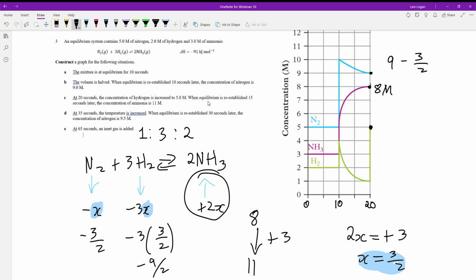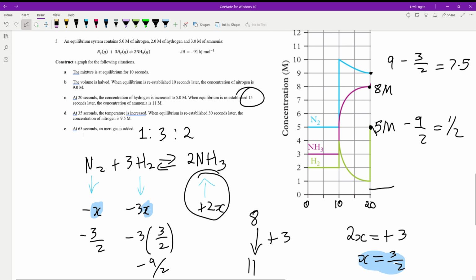That's 1.5 below 9, so that should be 7.5, the molarity of nitrogen. And then the hydrogen is at 5, and we're going to go minus 9 over 2. So 5 minus 9 over 2, that's going to give you a half. That's going to drop all the way down to here.